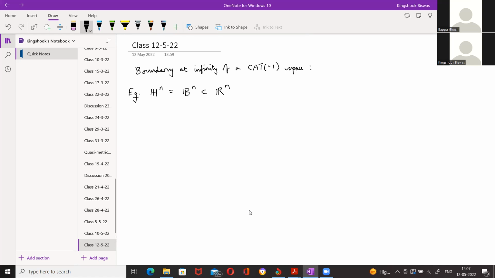So for the unit ball, its boundary in R^n is just the unit sphere, S^(n-1).